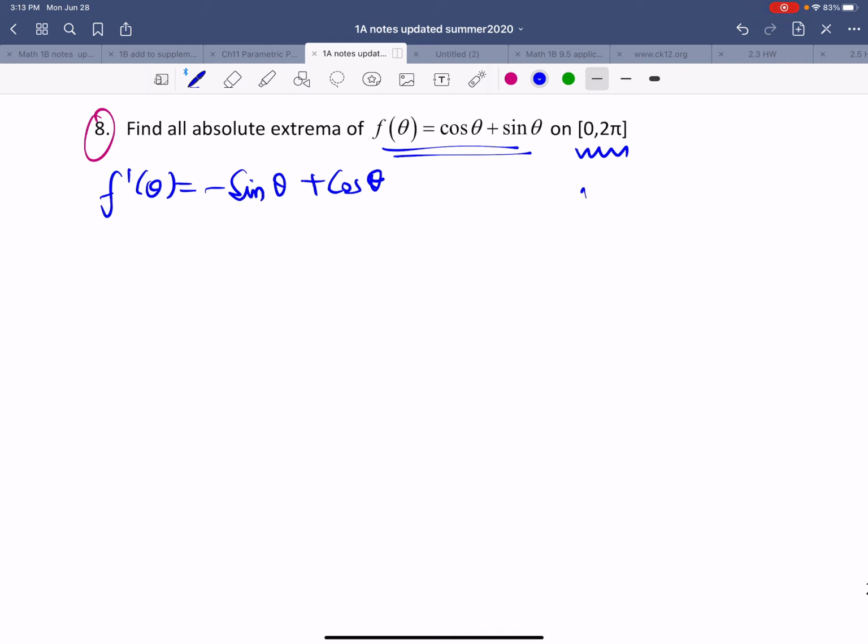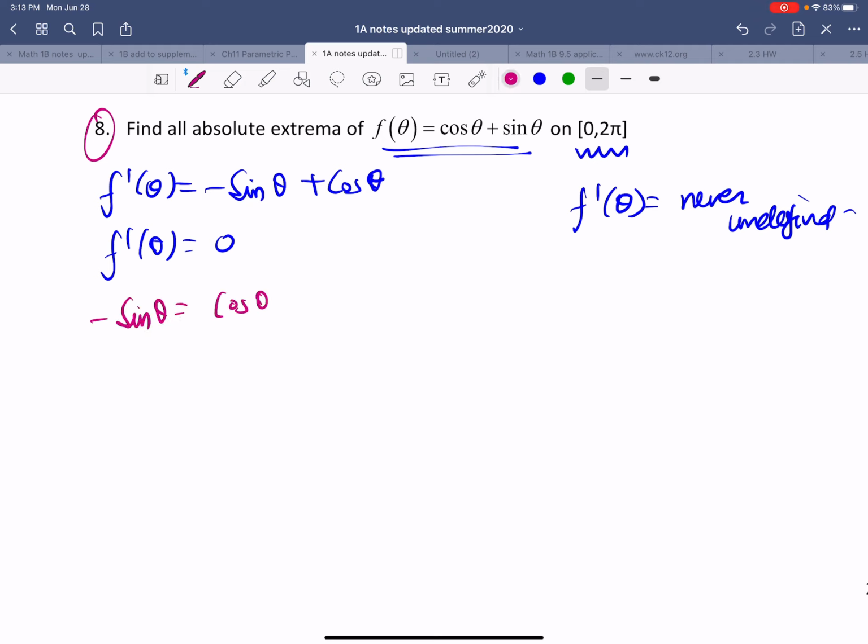So f prime of theta is never undefined, but f prime of theta can equal 0 when negative sine theta plus cosine theta is equal to 0. We can say when cos theta is equal to sine theta, that's when the derivative is going to equal 0.